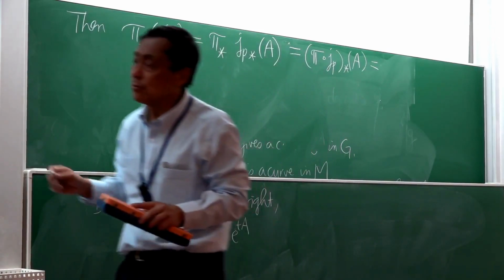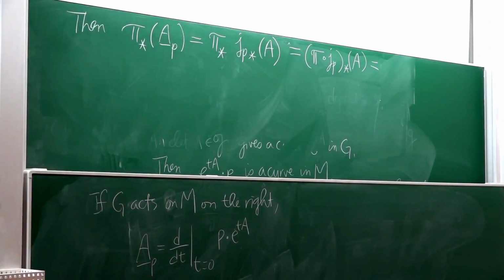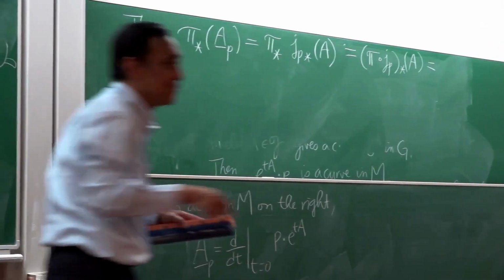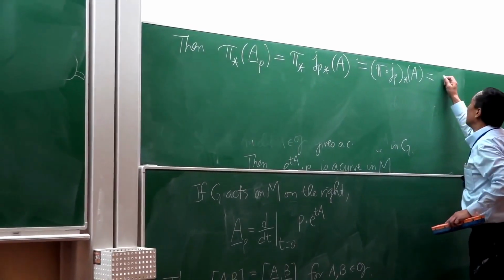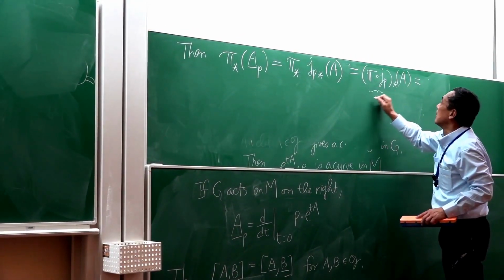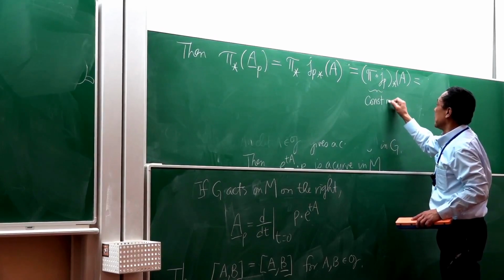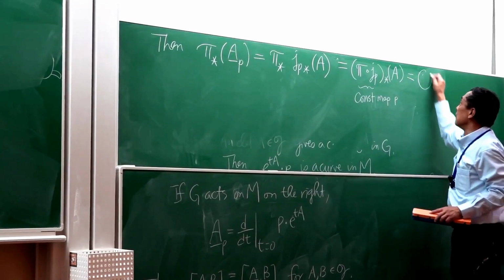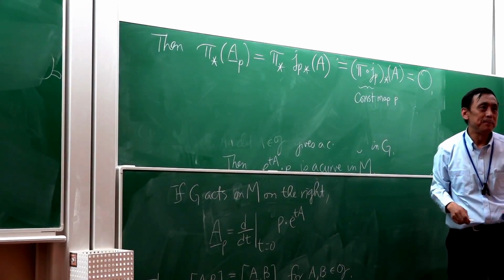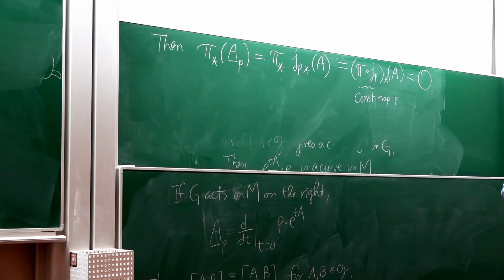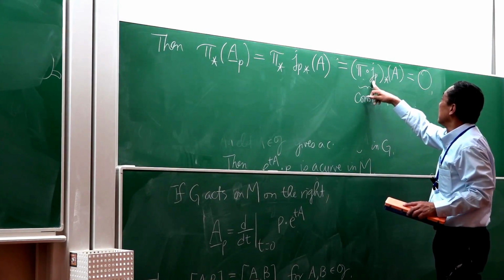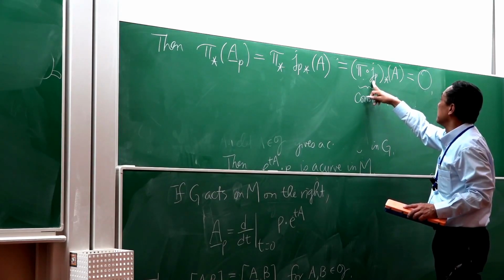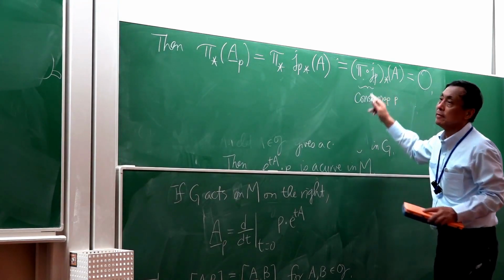But what is pi composed with j_p? It's just a constant map p, right? This is the constant map p. So the differential is 0. Okay? Is that constant map pi p? Constant map pi p? The constant map, let me see.